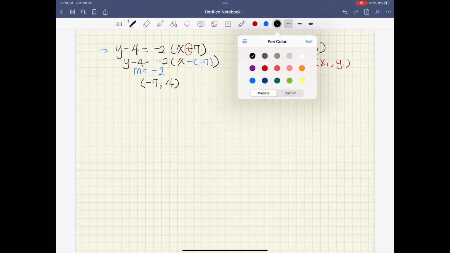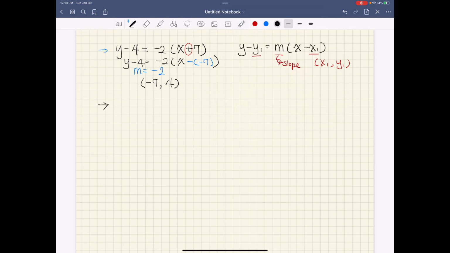Now, try another one. If you have y minus 7 is equal to 4 times x plus 3. Same thing. You have plus here, so rewrite it to subtraction.